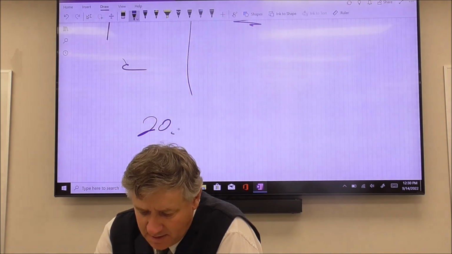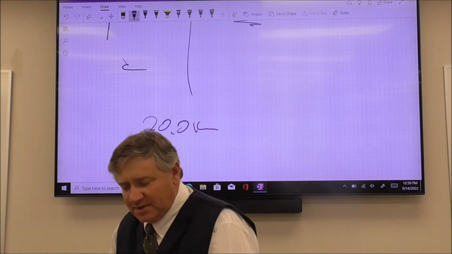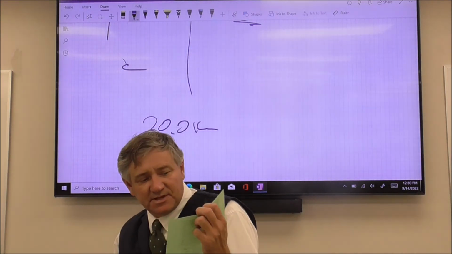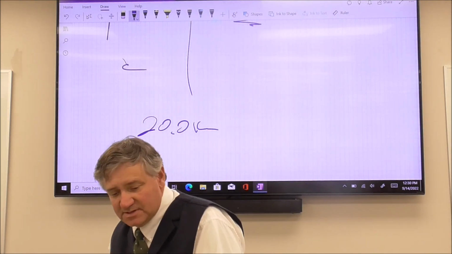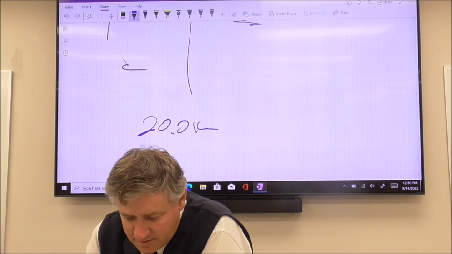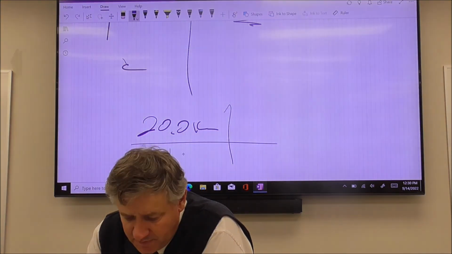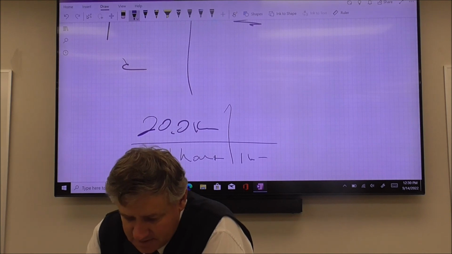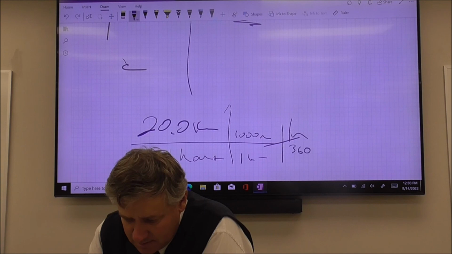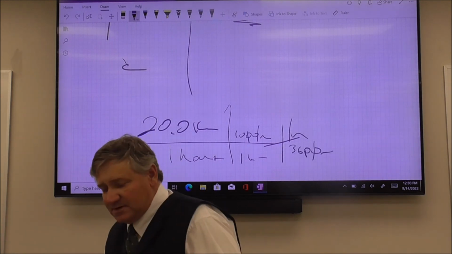You've got 20 kilometers per hour, and in big bold letters on the front, just in case you needed something, I tell you all calculations must be done in the MKS system of units. So you have 20 kilometers per hour. What are you going to do with that? Yeah, 1 hour is 3,600 seconds. Shortcut it: multiply by 10, divide by 36.